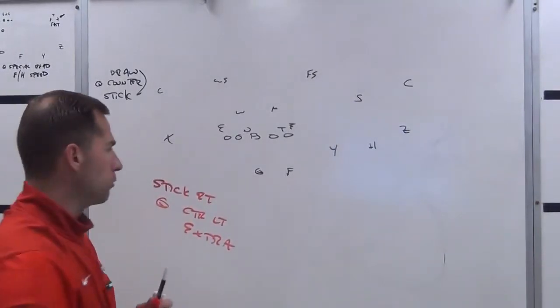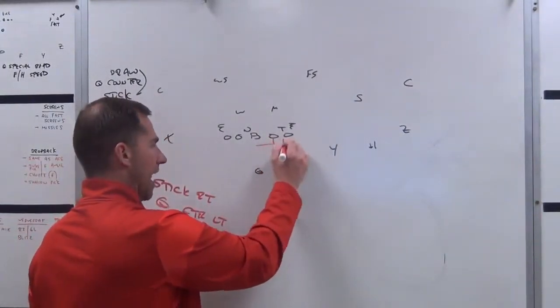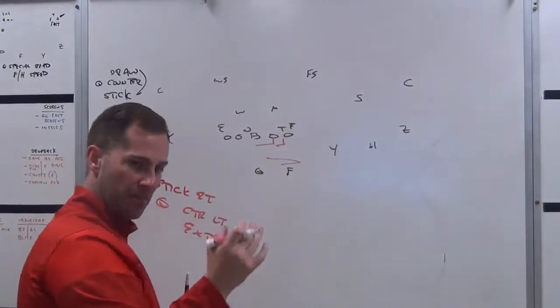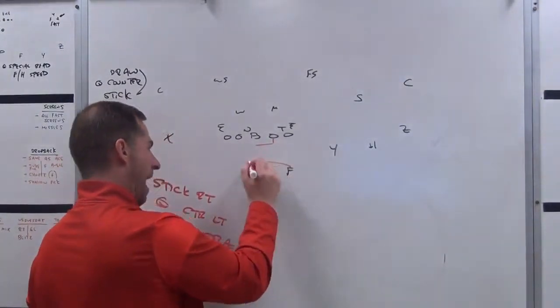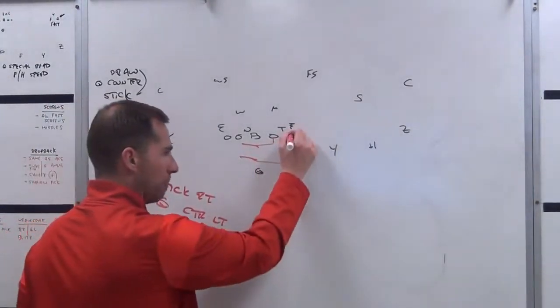Now, old school counter for us is when we pull the guard and the tackle, and then the quarterback reads the defensive end. Well, if we tag extra, the back becomes the second puller, and the tackle pick hinges.